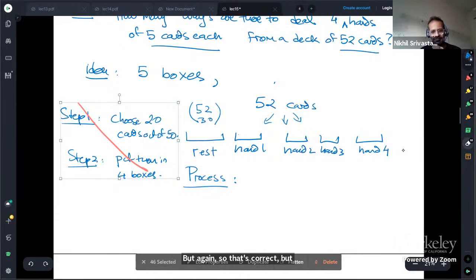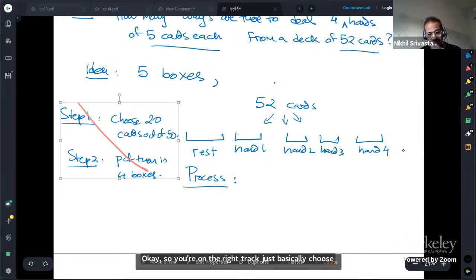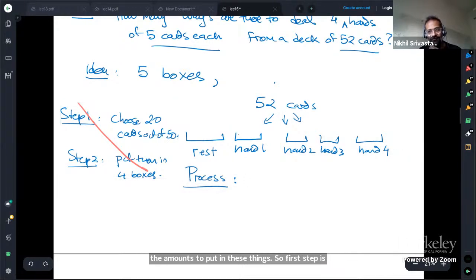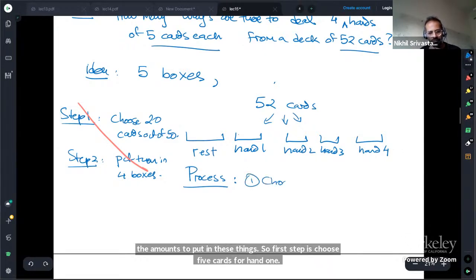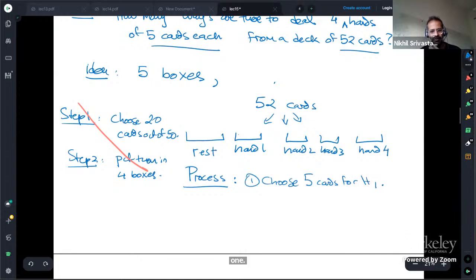But it turns out there's actually a way to do this which gives you an even nicer formula, which is to choose the hands first before choosing the rest. So you're on the right track. Just basically choose the amounts to put in these bins. So first step is choose 5 cards for hand 1. Let's call this H1. And there are 52 choose 5 ways to do that.